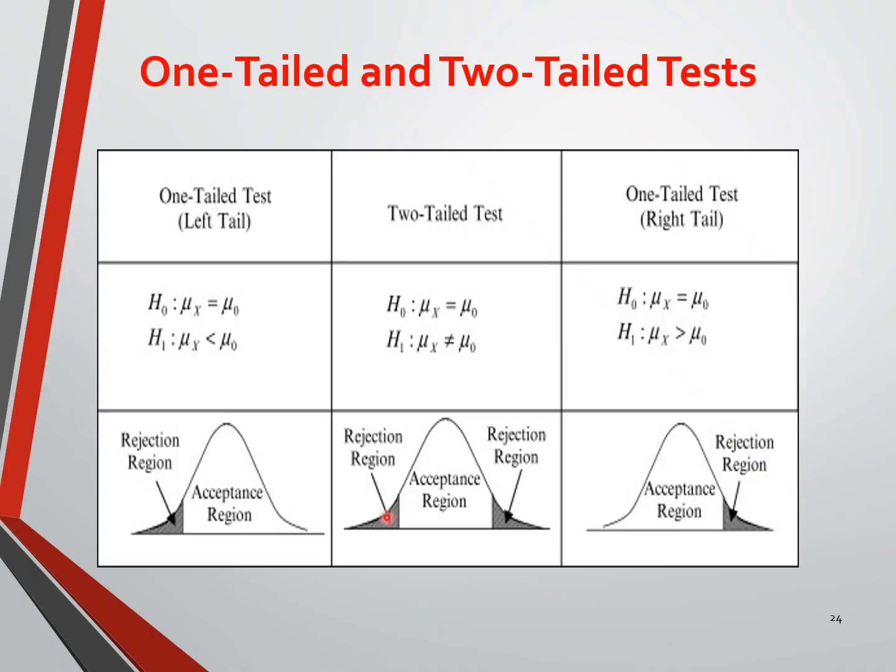When you take the two-tailed test, the 5% means 2.5 percent is on the left hand side and 2.5 percent is on the right hand side. So the balance 95 percent is the acceptance region.